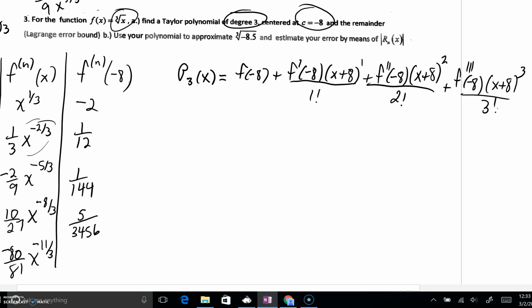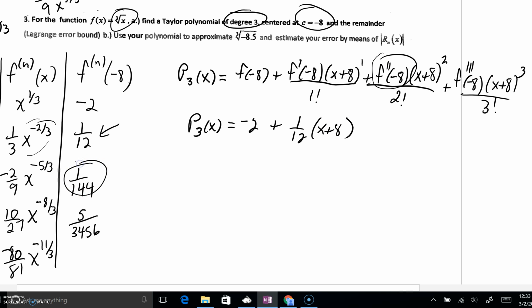And if you were to just clean this all up real fast, f of -8, we already said, hey, that's -2. F prime, that first derivative, that's your 1/12, and dividing by 1 is going to be fine. The second derivative right here, that's going to be 1 over 144.